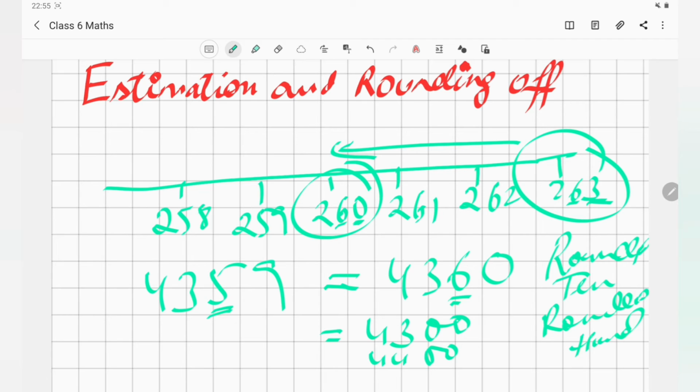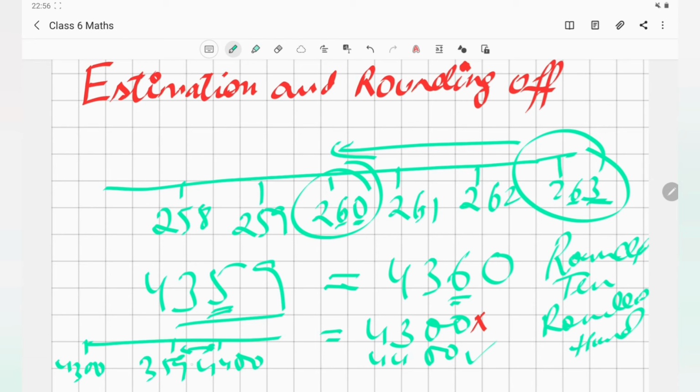Tell me. 4300 will be wrong, 4400 will be right. Why? Because on a number line, 4359 is closer to 4400 than 4300. It is closer, right?